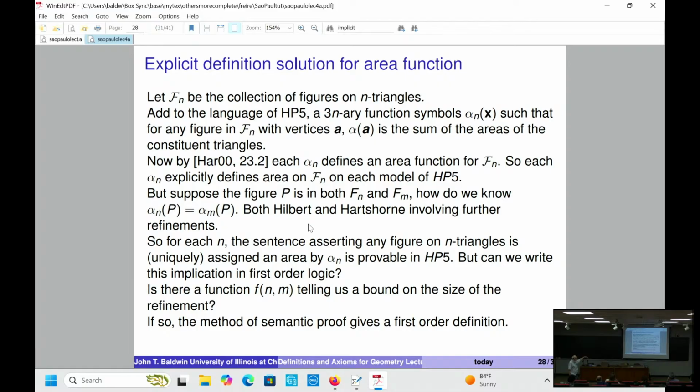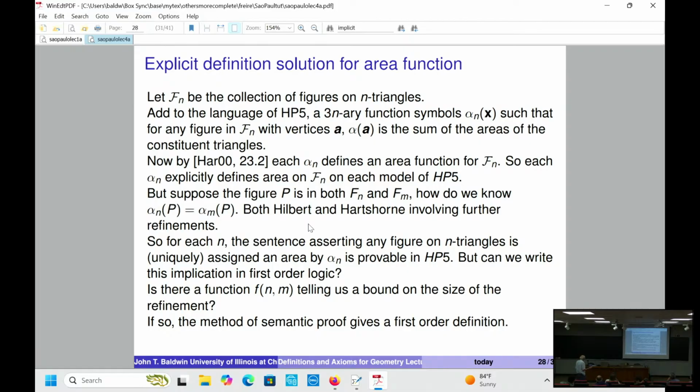So this is the natural notion of an area function, but it's a schema because you're restricting to areas which are the union of n disjoint polygons.